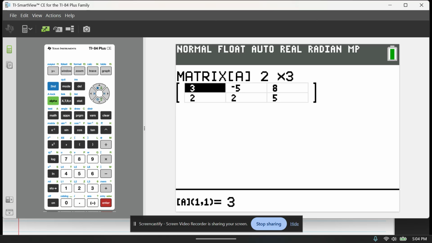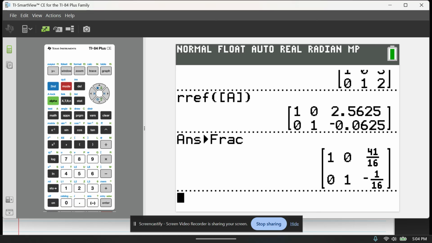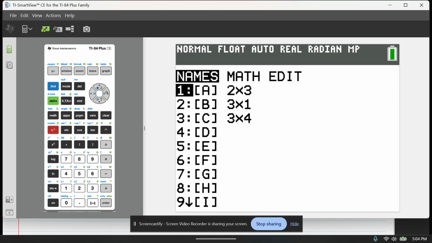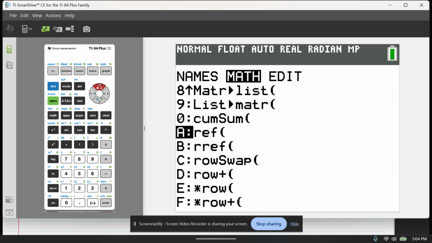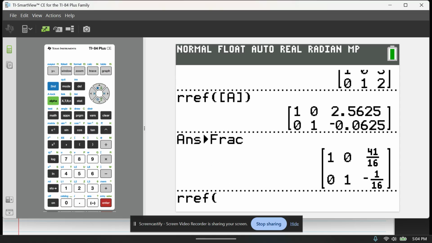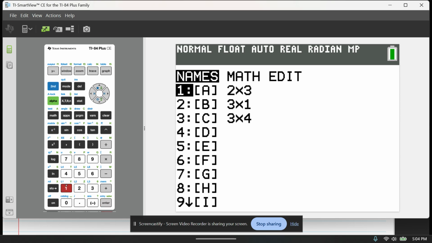So I'm just going to use matrix A again. 1, 1, 2, 2, 2, 5. Then I'm going to run RREF. So go over to math, RREF, matrix A.